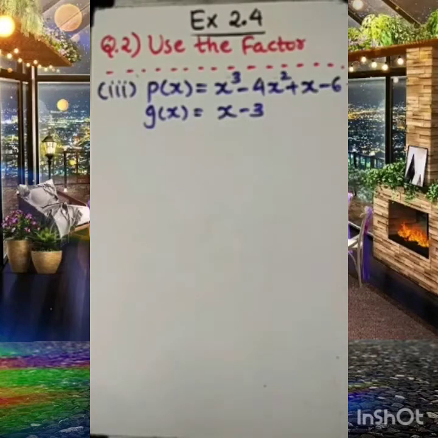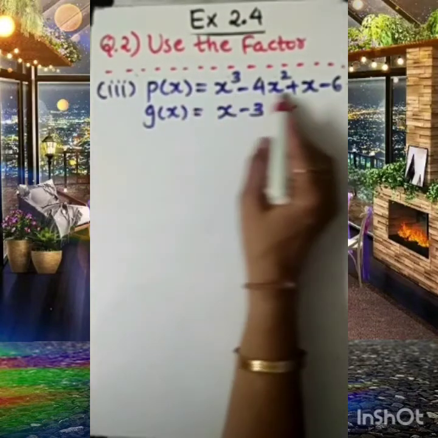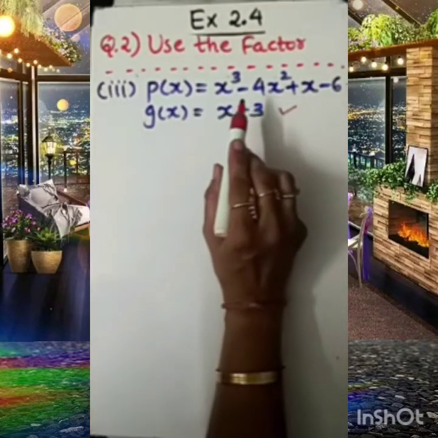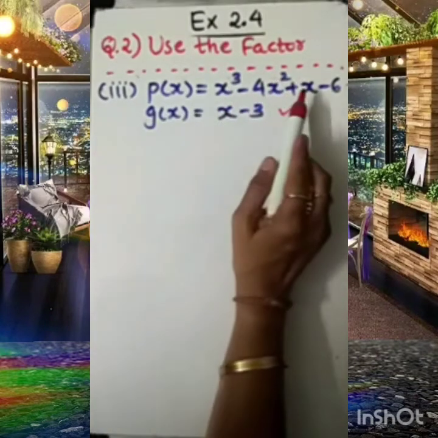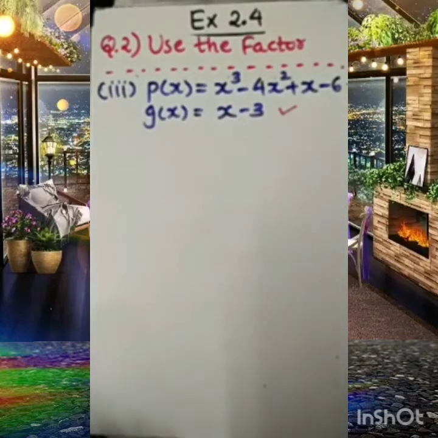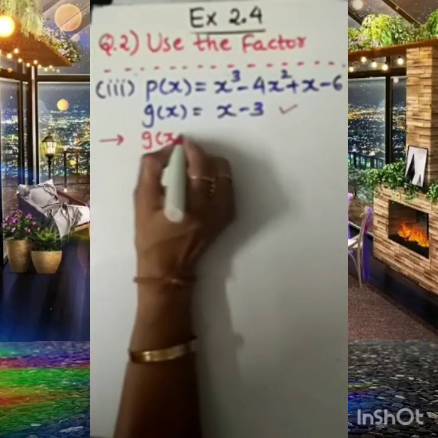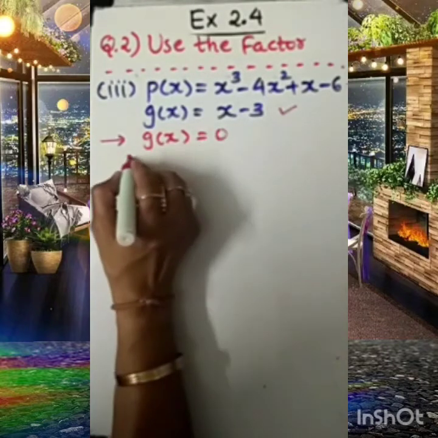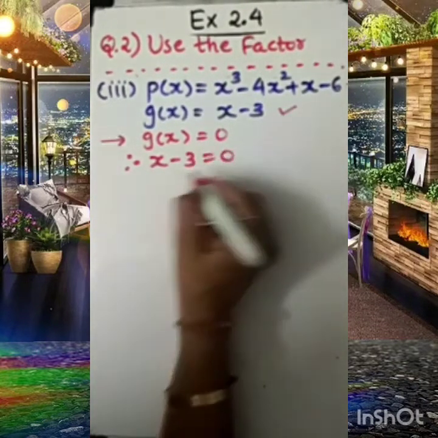So, my dear student, here question 2 is the third part, says g(x) equal to x minus 3. We need to check whether this is a factor of this p(x) or not. Okay, the p(x) which we are given is x cube minus 4x square plus x minus 6. Fine. So let's start with this. As we know, g(x) equal to 0. Therefore, x minus 3 is equal to 0.